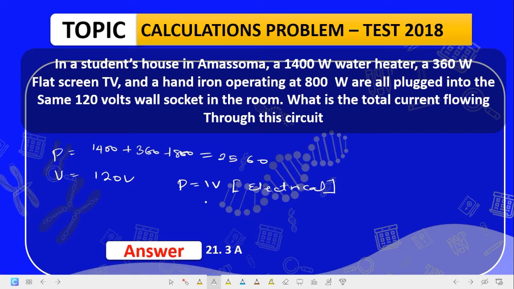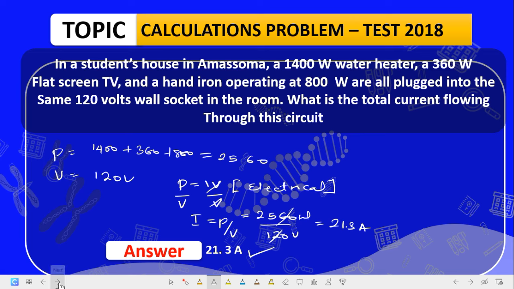If P is equal to IV, to calculate for I, we make I the subject of the formula by dividing both sides by V. So I is equal to P over V, which is 2560 divided by 120 volts. When the units cancel, the answer is 21.3 ampere. So that is the correct answer in the options: 21.3 ampere.